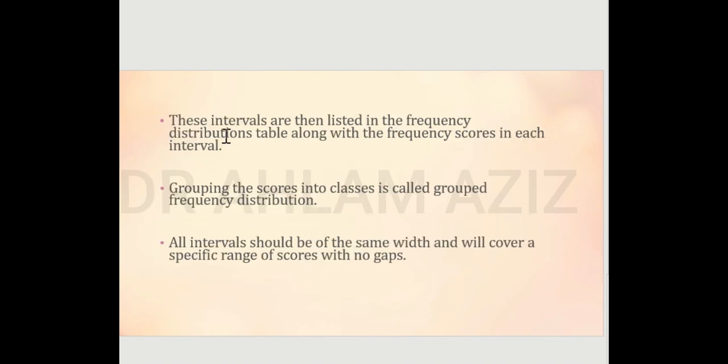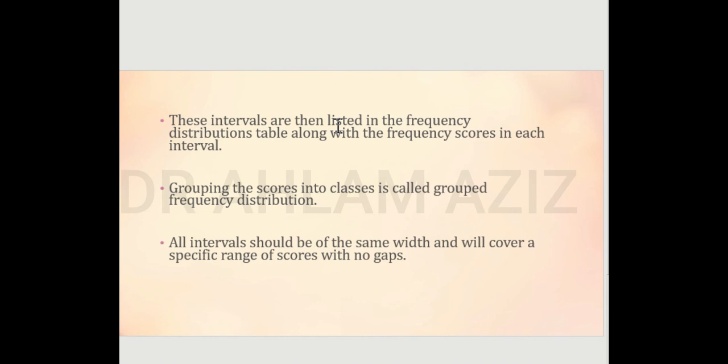These class intervals are then listed in the frequency distribution table along with the frequency of scores in each interval. So you have to group the scores into classes, which is called grouped frequency distribution. You can refer back to my previous video, from the chapter on identification of class interval.